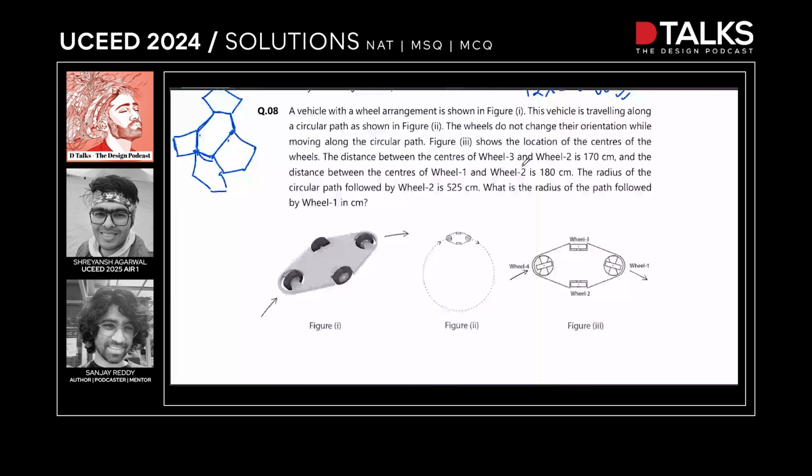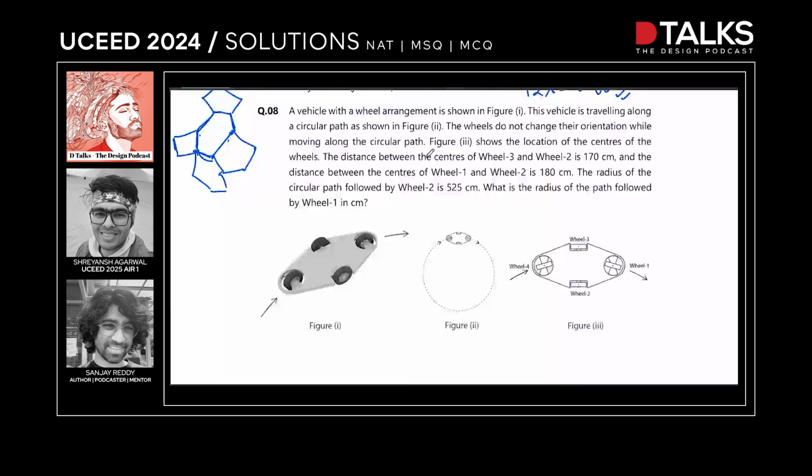The distance between the centers of wheel 3 and wheel 2 is 170 centimeters, and the distance between centers of wheel 1 and wheel 2 is 180 centimeters. The radius of circular path followed by wheel 2 is 525 centimeters. What is the radius of the path followed by wheel 1 in centimeters?